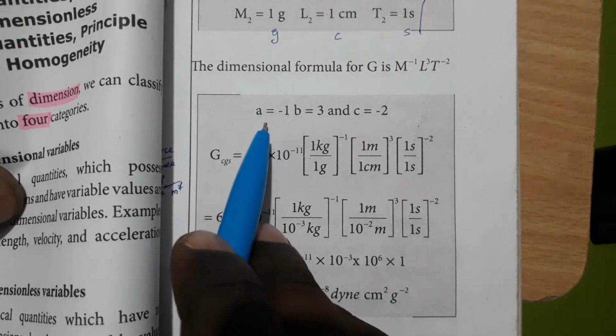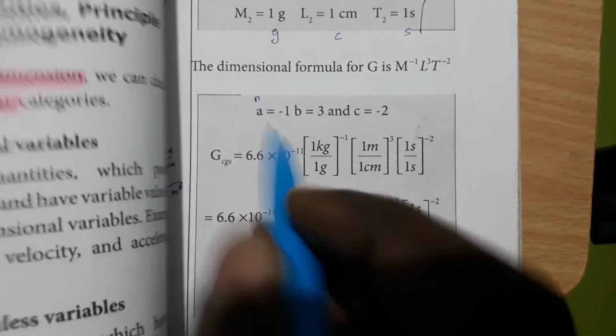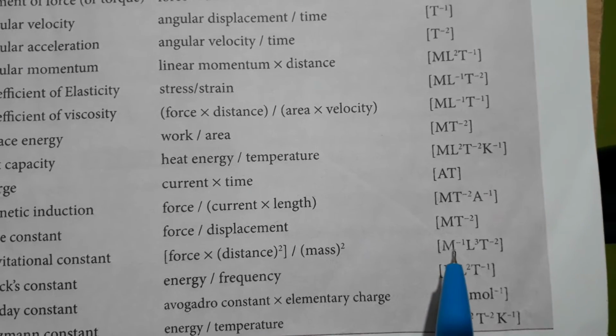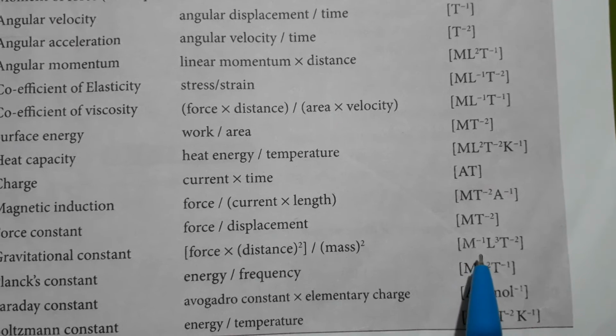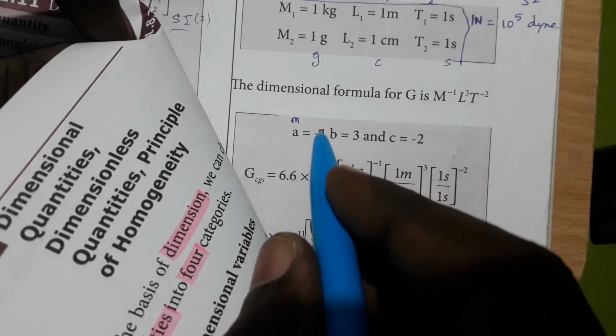So we are writing the M value here; for the gravitational constant we have -1. So that is a, where M is mass. Similarly b equal to 3.